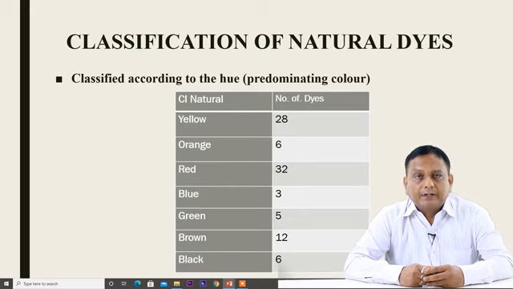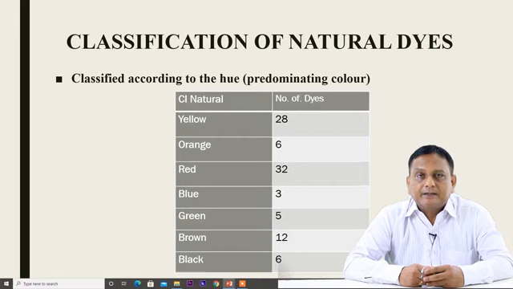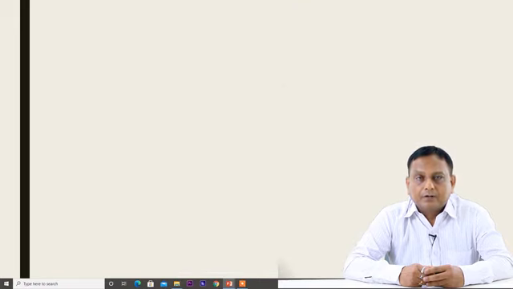So yellow around 28 dyes, orange 6 dyes, red around 32 dyes, blue 3 dyes, green 5, brown 12 dyes, and black 6 dyes. This is the classification of the dyes available as natural dyes in nature so far.